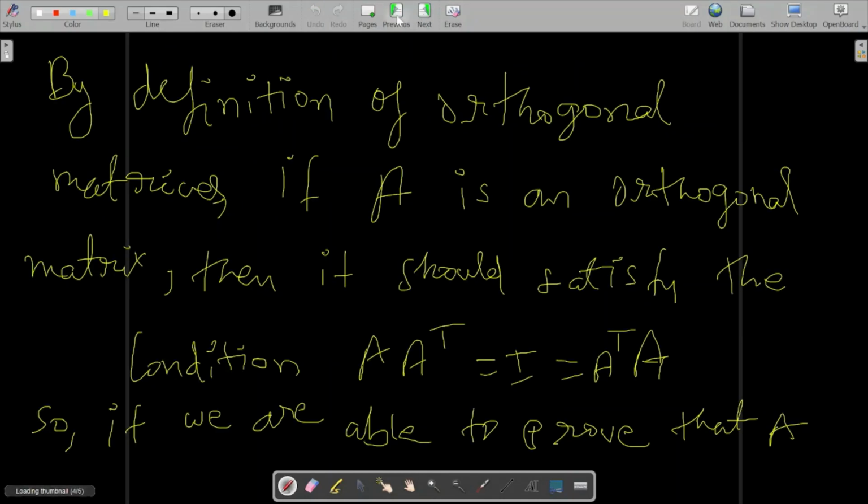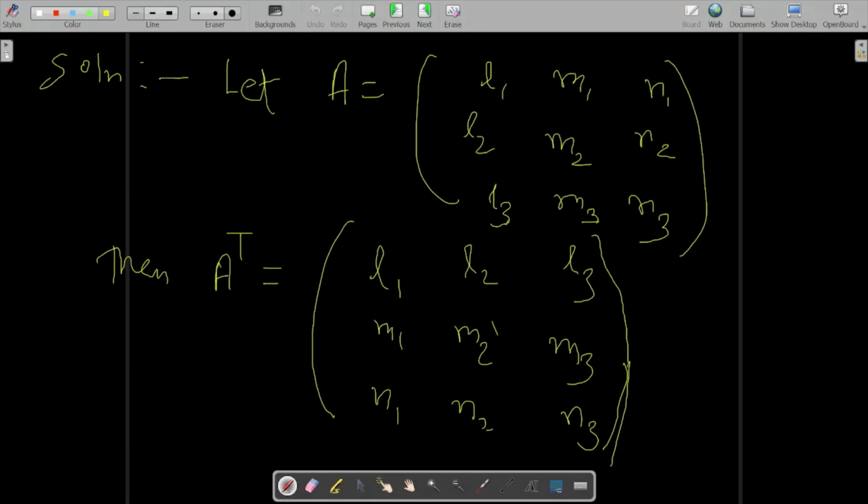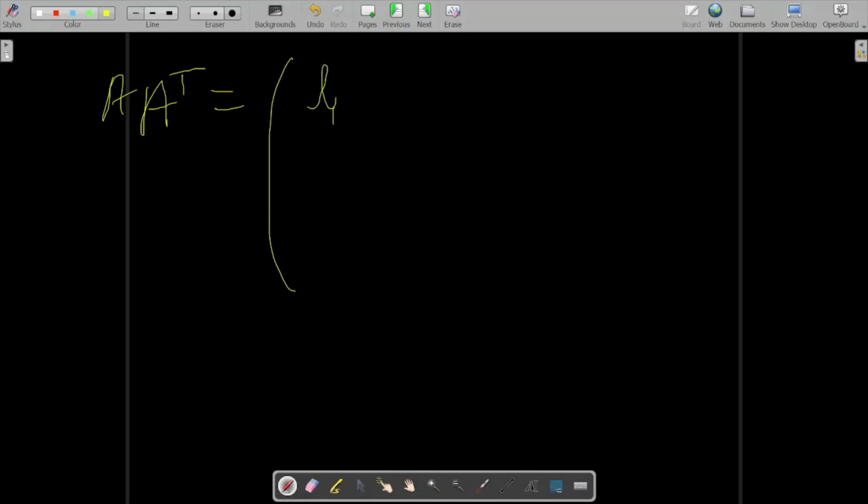So now you have written A and A transpose like this. So we will take the product of A and A transpose now. So let's take the product of A and A transpose. A is L1 M1 N1, L2 M2 N2, L3 M3 N3, okay.